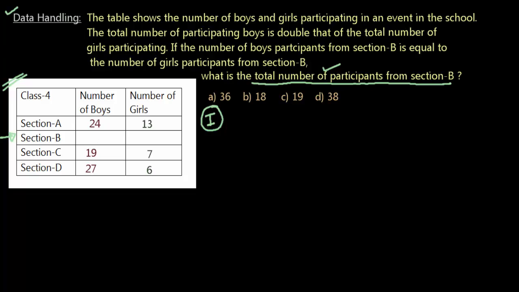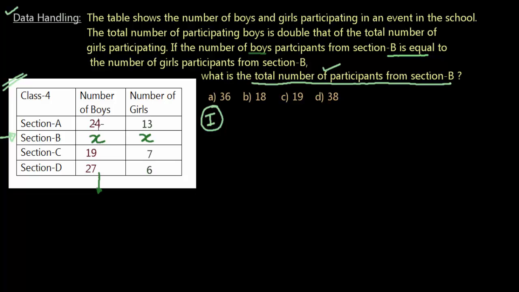It is said that the number of boys participants from section B is equal to the number of girls from section B. So we can write down, suppose the number of boys participants is X, the number of girls participants will also be X. Then we can add the number of boys.